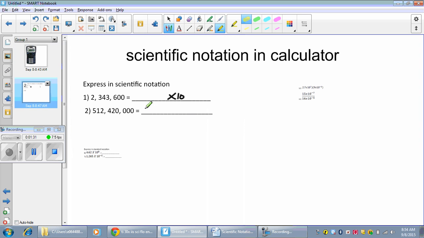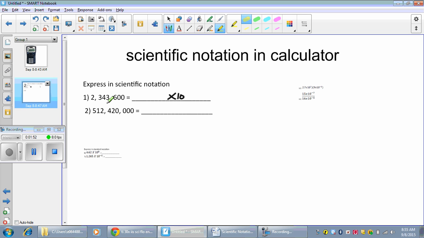All right, so now let's go back to this problem right here. All you're going to do is type this in the calculator exactly as you see it. Make sure you're in scientific, and go ahead and pause it and try it out. 2.2343, and then 6000, 600.